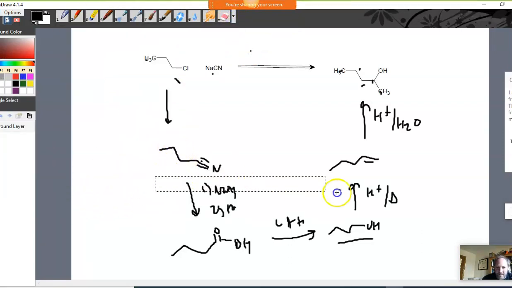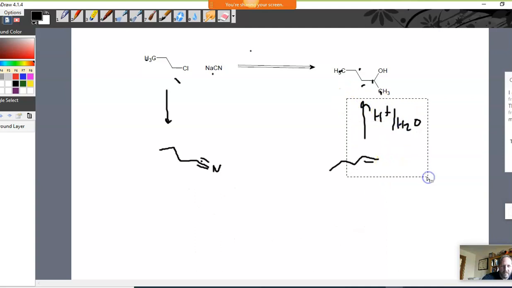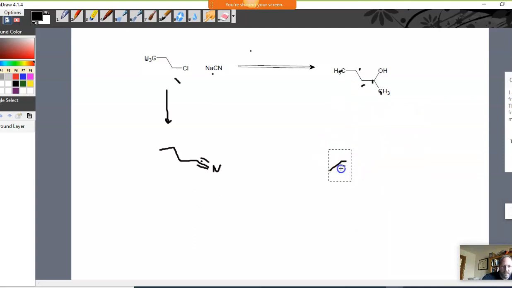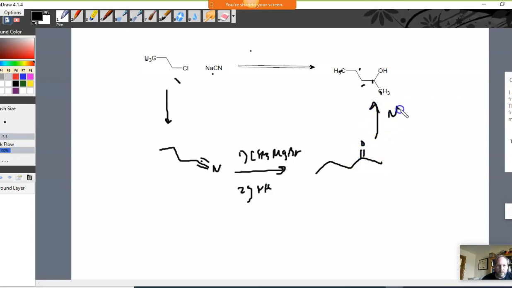So let me delete all this. So you'll add, and then 2 add acid, and that should leave you the ketone, and then either like sodium borohydride or LAH.